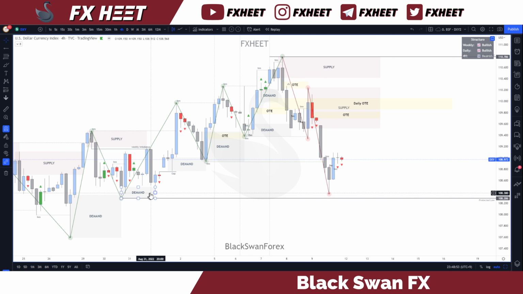So we're currently here in this demand, and we reacted off of it. You can clearly see that we started to initiate a pullback to the upside. We've been consolidating, actually mostly in New York session from what I remember, in this area.